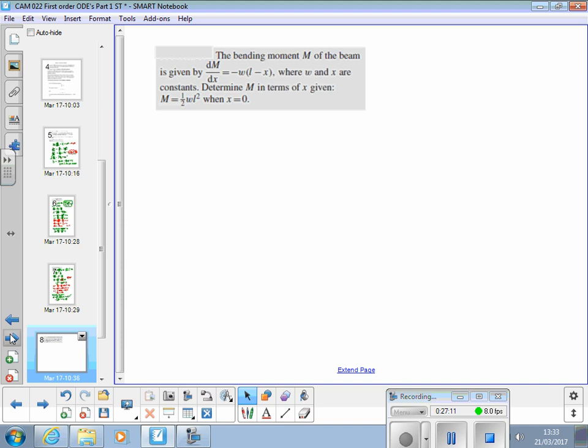Right. The last one we look at before I give you the exercise for you to have a go at is this one, which has kind of got an engineering flavour to it. Bending moment M of a beam is given by dM by dx is equal to minus omega times brackets L minus x. So we've got a differential equation here.